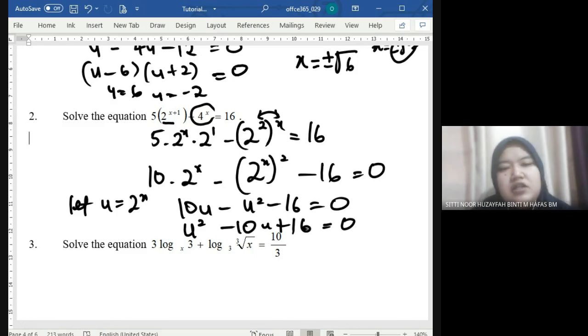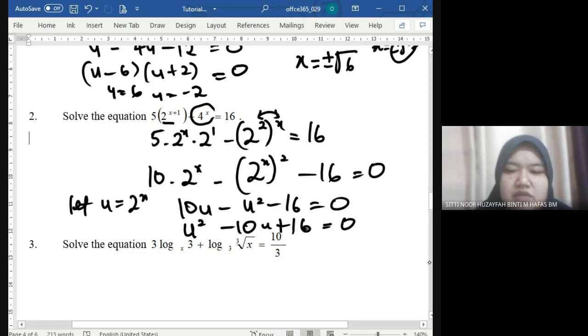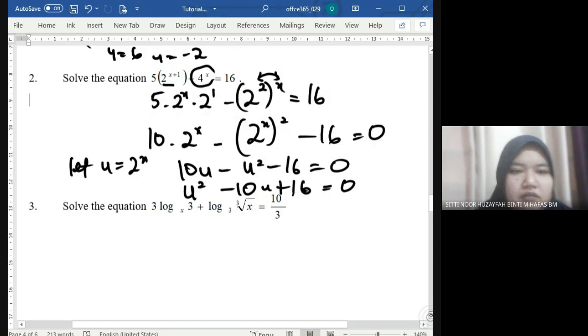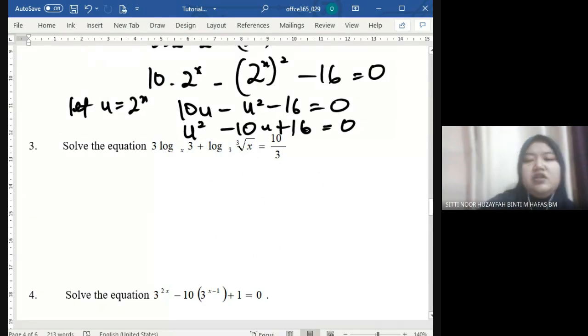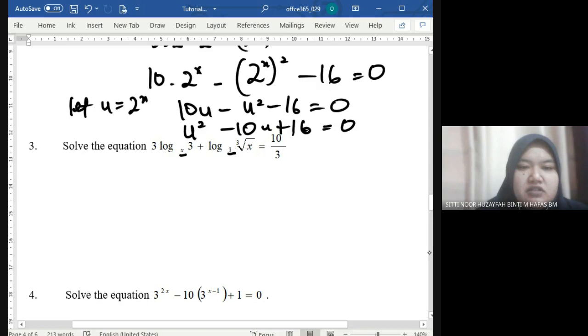Okay? And for question number 3, solve the equation: 3 log base x of 3 plus log base 3 of the cube root of x equal to 10 over 3. So this question is actually almost the same as the tutorial question we have done. But let's just discuss. We have base x for the first log and base 3 for the second log.